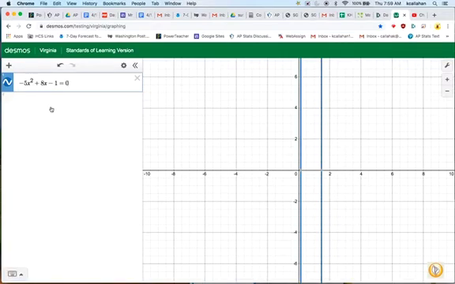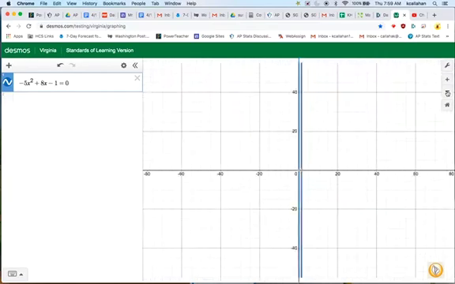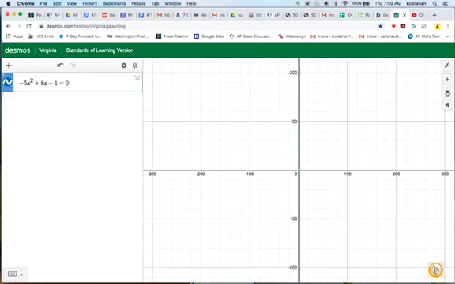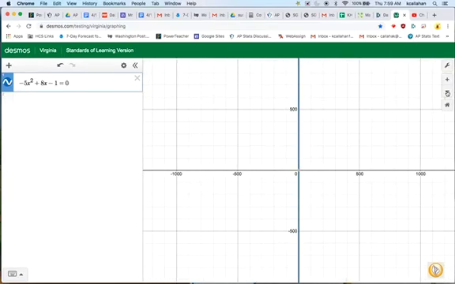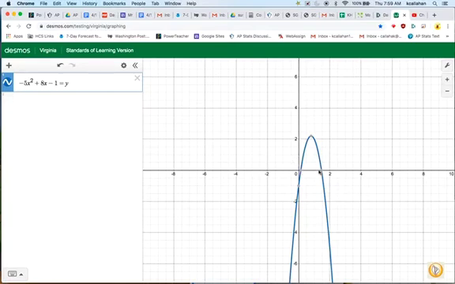In this case, this is a parabola. It opens down because of the minus, so I could go out a little bit. How far would I have to go? Way too far. That can't be right. I think what I have to do is make that a y. Okay, now let's go back. And you can see the two answers that are right there.